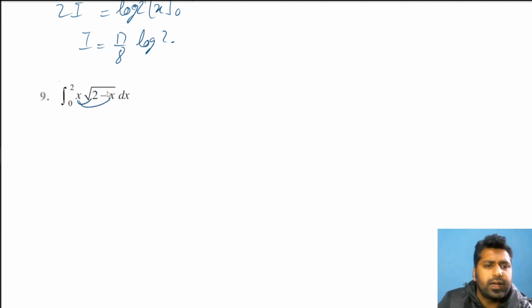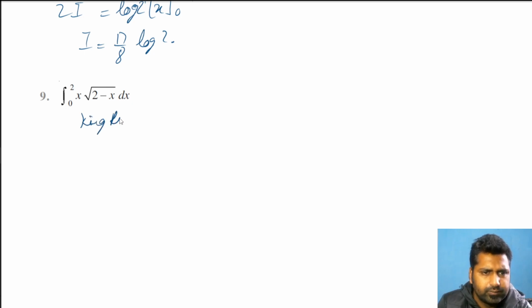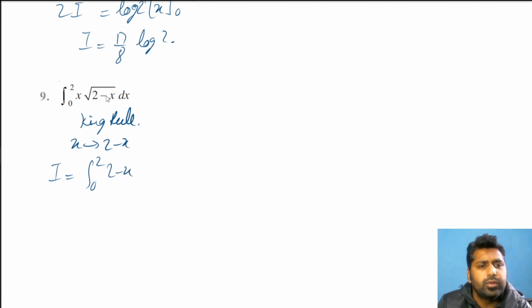If we want, we can write it, but the problem is there is a square root on two terms and we cannot integrate it even if we do this. So go for the King rule. x will be replaced by 2 minus x. So the other integration becomes integration 0 to 2. This x will be replaced by 2 minus x. And if we do 2 minus x here, the 2 will cancel, it becomes root x.